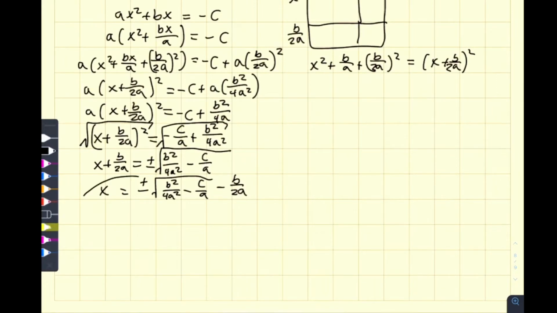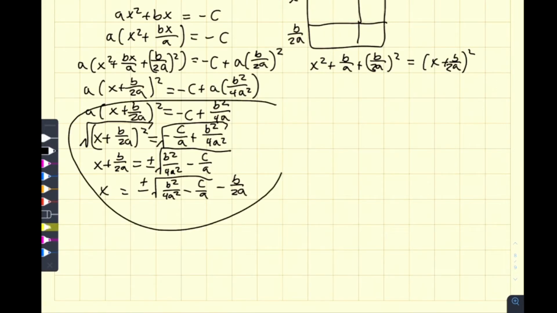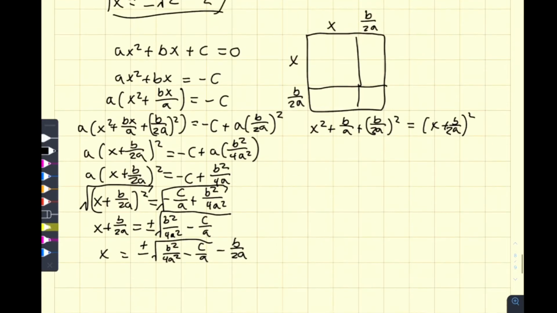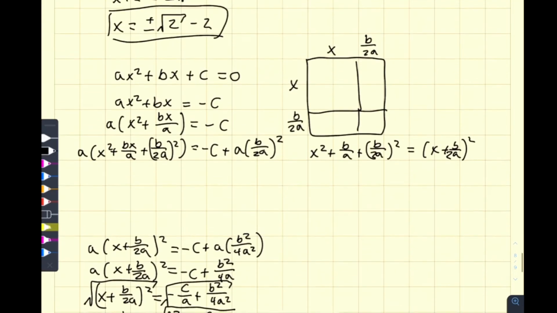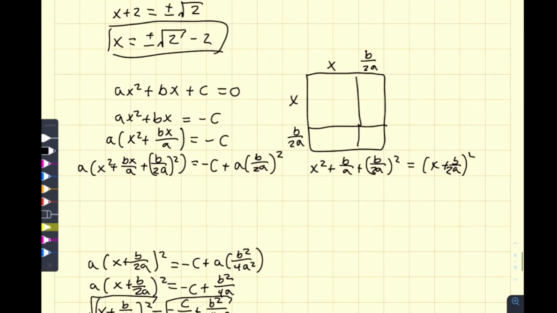You don't need to remember this, or actually any of this, because you can just do the math yourself. All you need to remember is how to do the substitution and what to add and how to add them together, right? We need to add b over 2a squared to both sides, right?